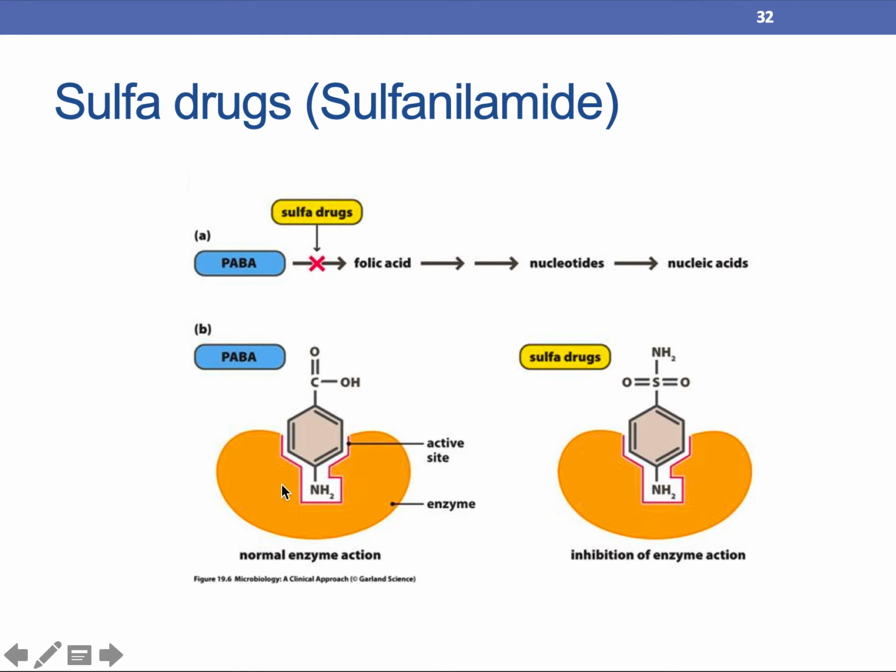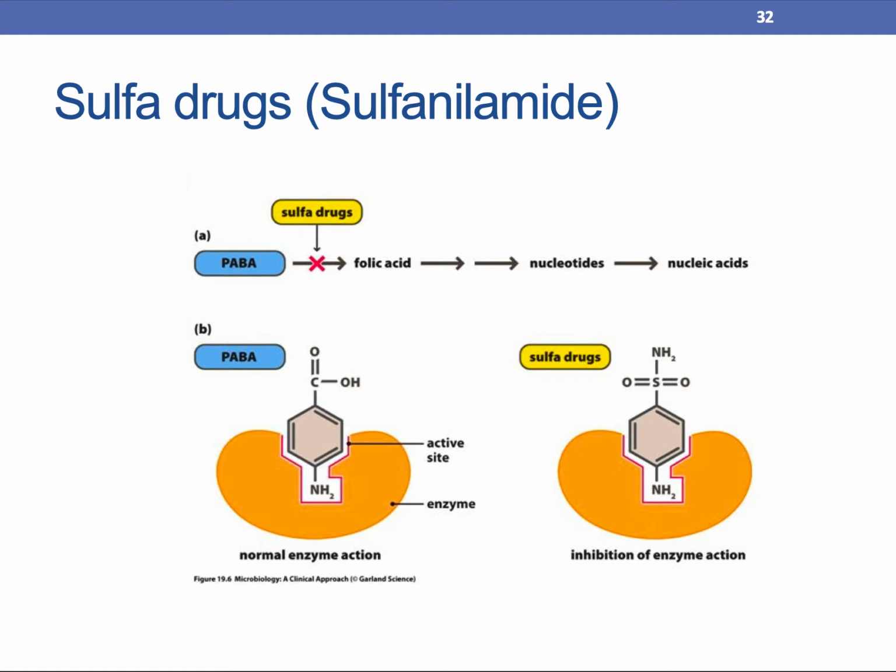Now, what happens is that you have an enzyme, you have the active site, and you have PABA being able to attach to the active site, and then the reaction proceeds. However, if you have sulfur drugs, which generally we call the sulfanilamides, these sulfanilamides would then serve as competitive inhibitors and prevent PABA from attaching to the active site.